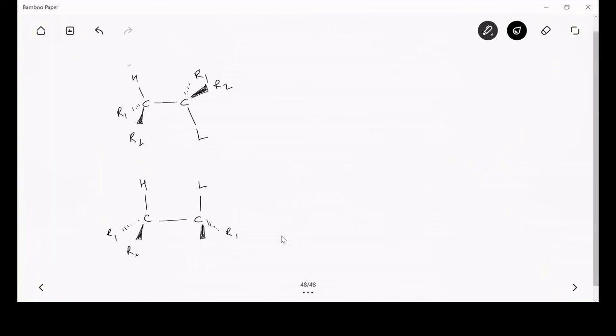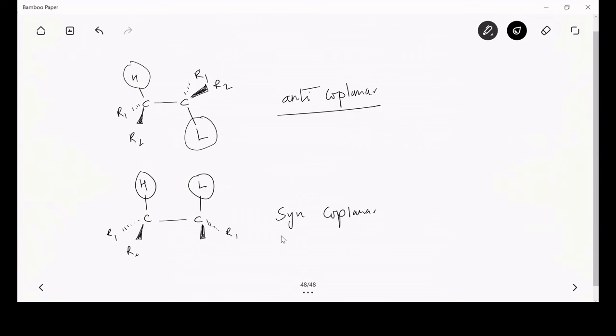In the first case, where the two groups, the leaving group and the proton, are opposite to each other, it is called anti. And this is called syn, where the leaving group and the proton are on the same side. So this is called syn coplanar, and this is called anticoplanar. Okay, this is the syn coplanar situation, and this is the anticoplanar situation.